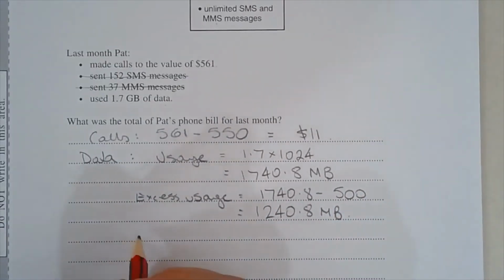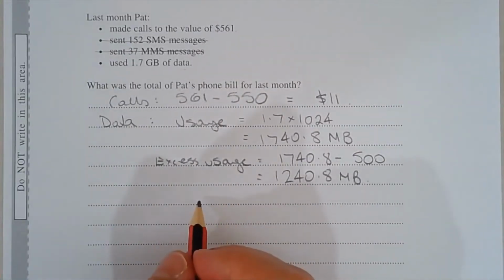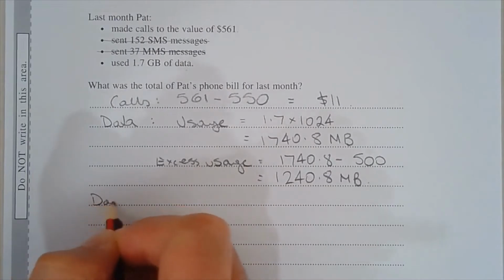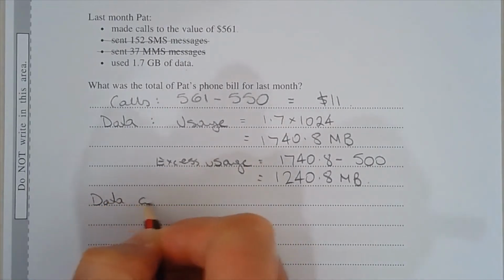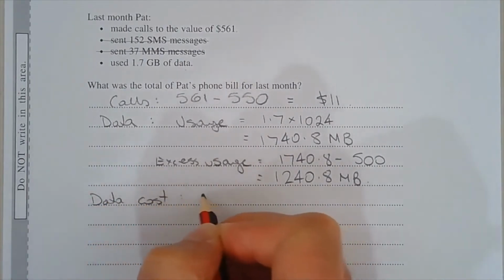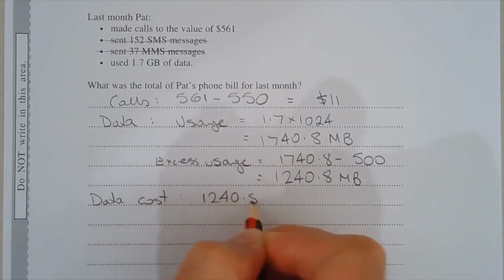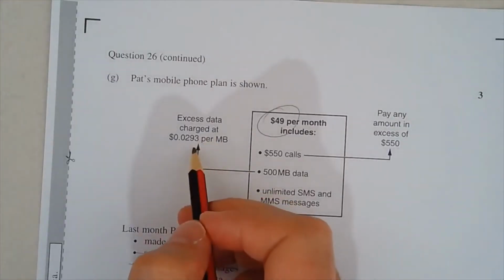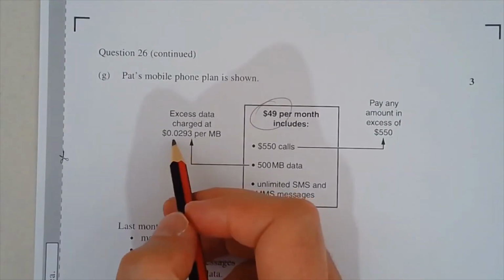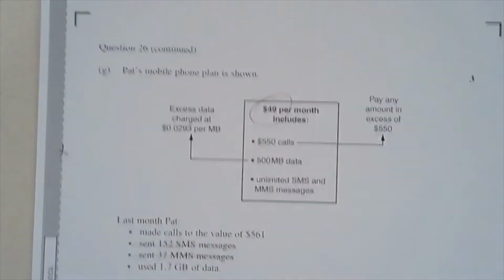So the data charge, or the data cost, is 1240.8, and it's going to be charged at $0.0293 per megabyte.